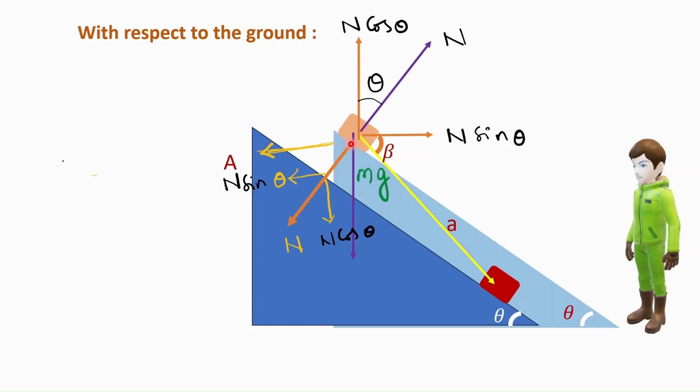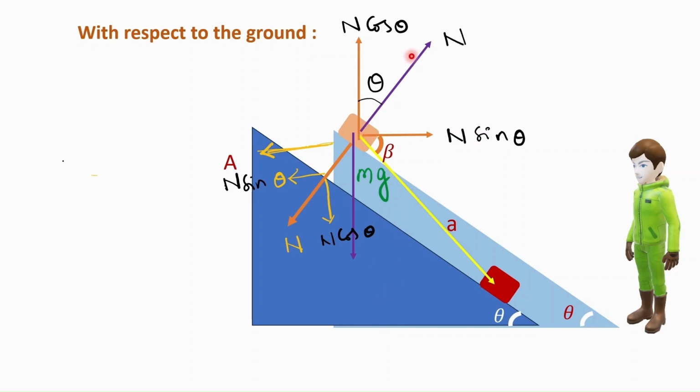This wedge exerts its normal reaction on the block in this direction, normal to its inclined plane, as well as this block also exerts the normal reaction on this wedge normal to the inclined surface. Means these two normals are an action reaction pair. And here also one normal reaction acts on this wedge in the upward direction, but there is no use of that, so it is ignored.